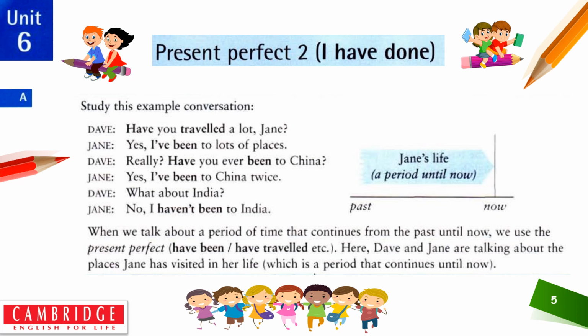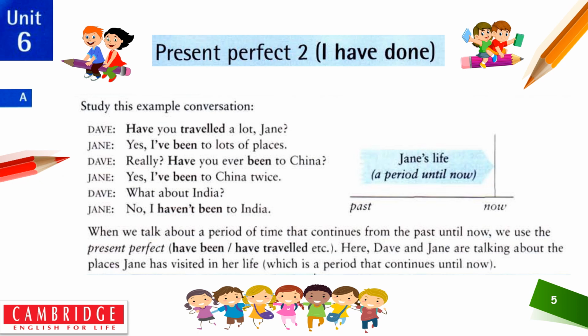So in this conversation, when we talk about a period of time that continues from the past until now, we use the present perfect. Have been, have traveled, etc. Here, Dev and Jane are talking about the places Jane has visited in her life, which is a period that continues until now.